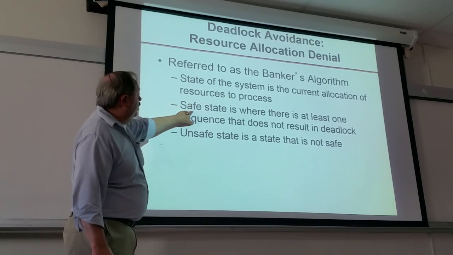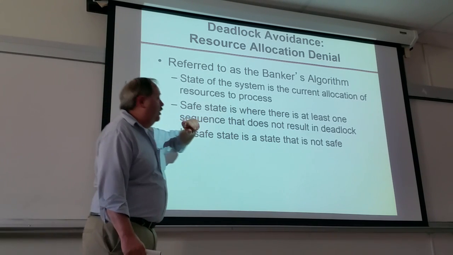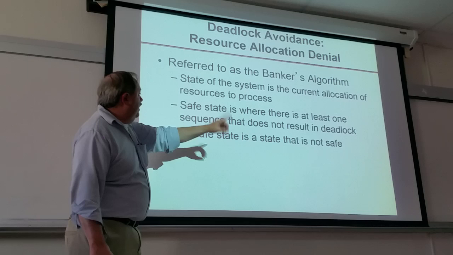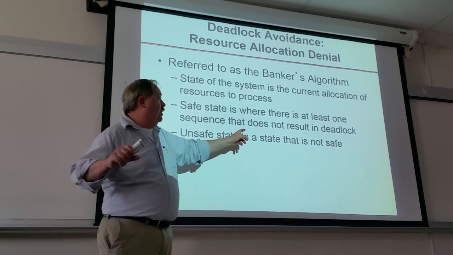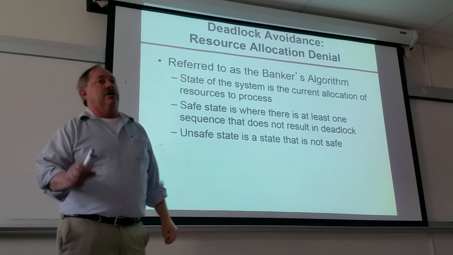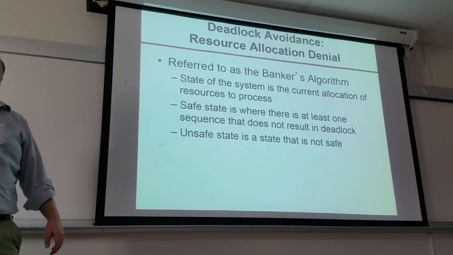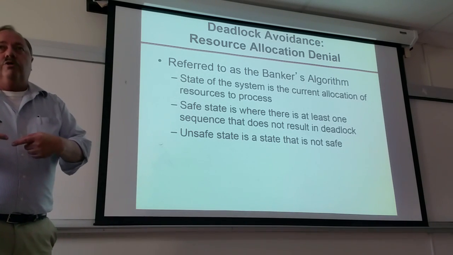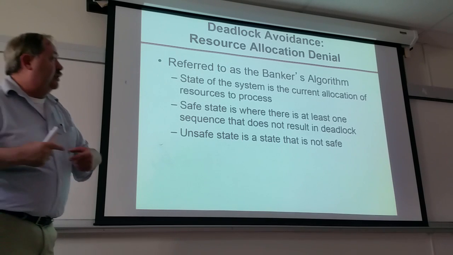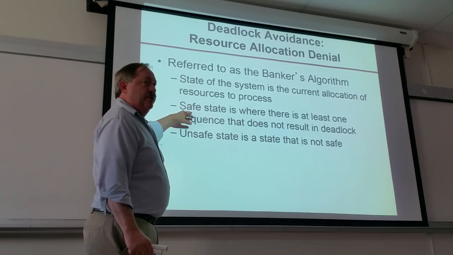Banker's algorithm includes a safety algorithm where it says this request will be granted if there is at least one sequence of processes requesting resources that does not result in deadlock. In other words, I have at least one resource that I can give to a process that, given the rest of the resources it wants, it can go to completion and thereby free up resources.